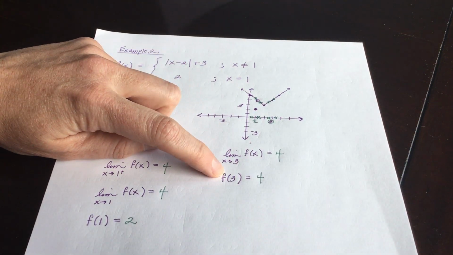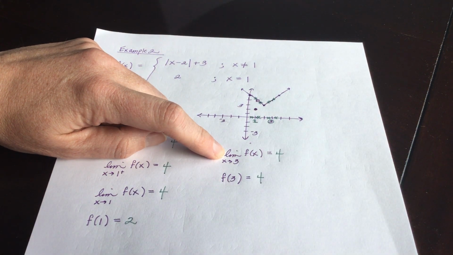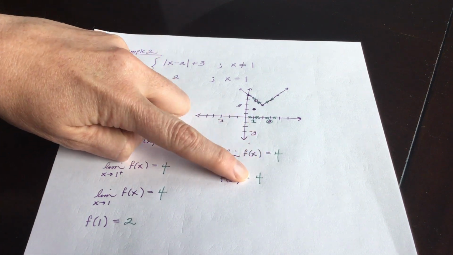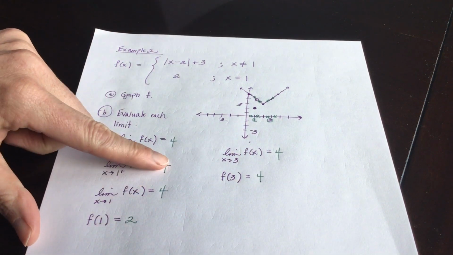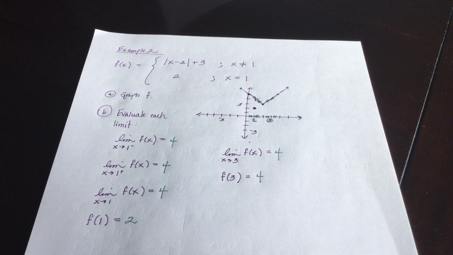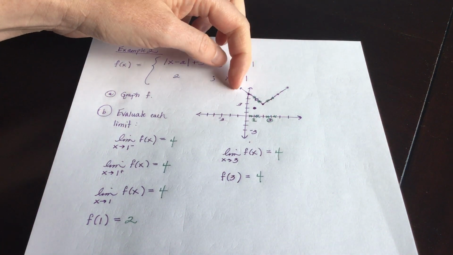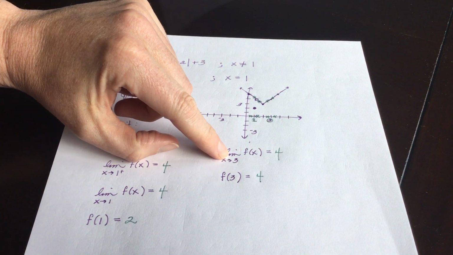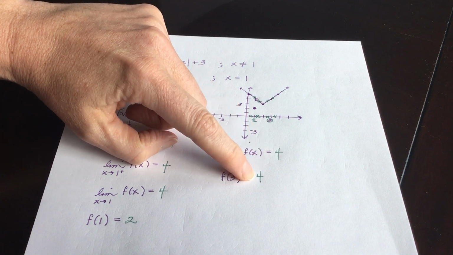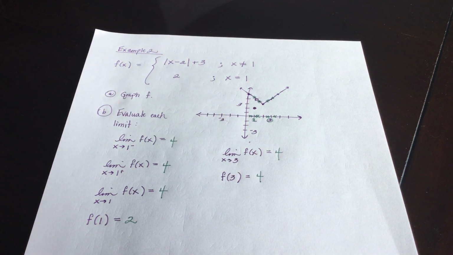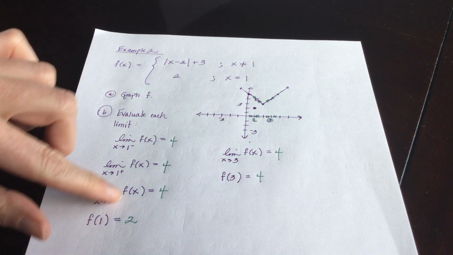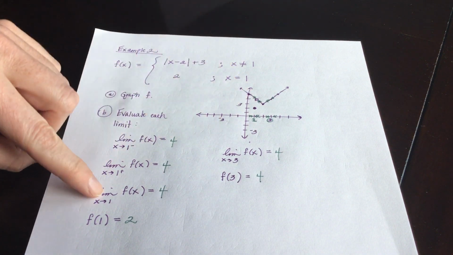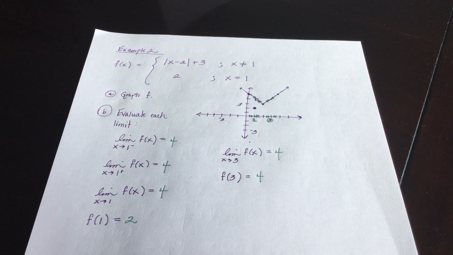So notice that sometimes your function value and your limit value at a certain target number are the same thing, and then sometimes they're not. So think about, what would that mean about your graph if your function value and your limit value are the same thing? And what would it mean about your graph at your target number if they're not?